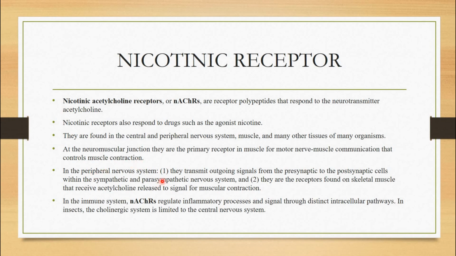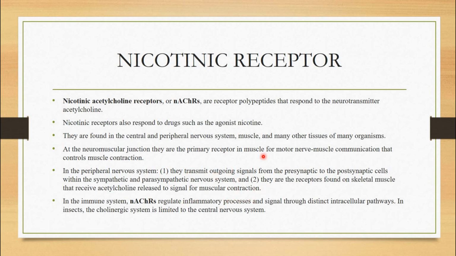In peripheral nervous system, they transmit the outgoing signals from the presynaptic to the postsynaptic cell within the sympathetic and parasympathetic nervous system. And you know what is sympathetic, what is parasympathetic nervous system? And the second function is they are the receptors found on skeletal muscle that receives the acetylcholine released to signal for muscular contraction.